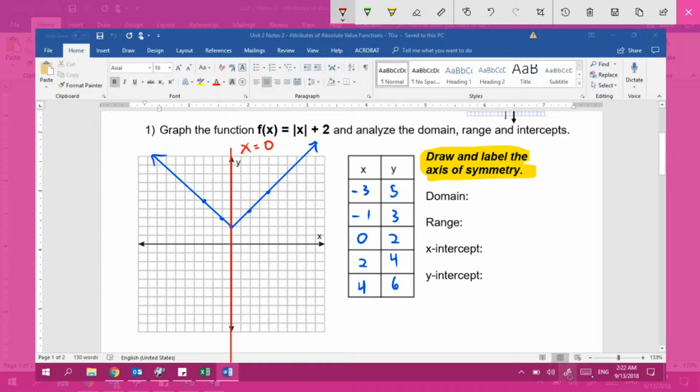Now let's look for the domain. The domain is going to be from -infinity, because it's going left forever, to positive infinity. The range, what's the lowest point? It's actually positive 2. Oh, bracket, what am I thinking? Bracket 2, and it's going up towards infinity. The x-intercept, where does this graph cross the x-axis?